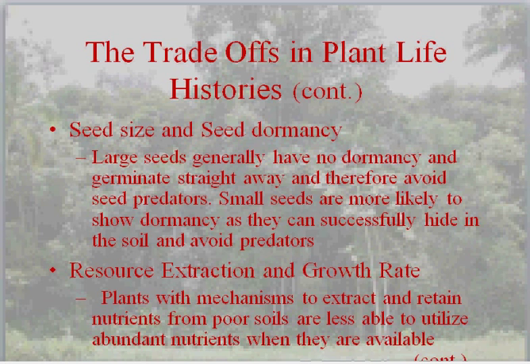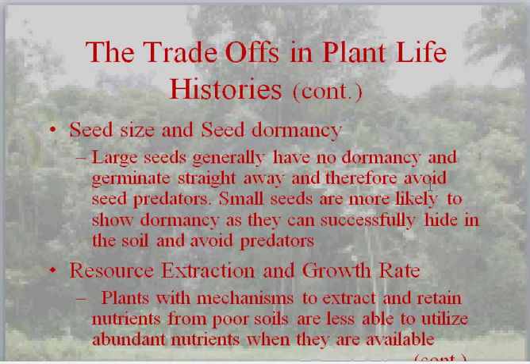So large seeds will tend therefore to have almost no dormancy. They're also known as recalcitrant. In other words, they will germinate straight away to avoid seed predators. Small seeds, on the other hand, because they are better protected from seed predators by their small size, are more likely to show dormancy, and they can successfully hide in the soil for many years unnoticed by predators.